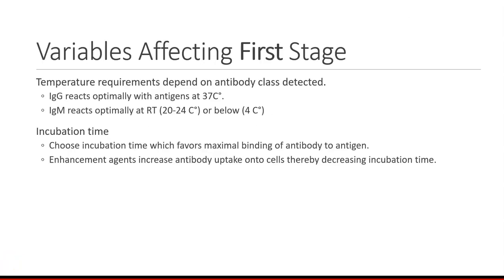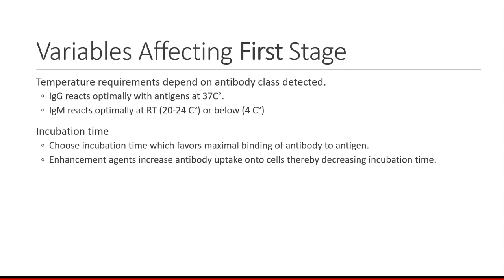To enhance first stage reactions, the correct temperature must be used, and you must memorize this. The temperature requirements depend upon the antibody class being detected. IgG reacts optimally with the antigens at 37 degrees.